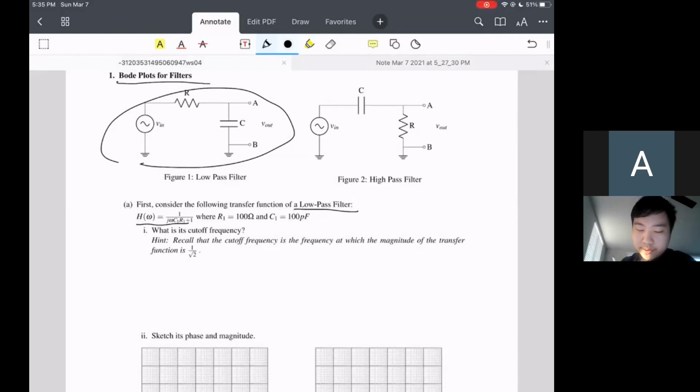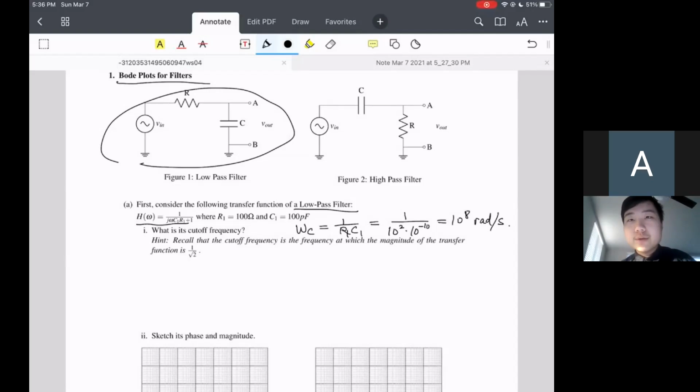So the cutoff frequency ω_c is equal to 1 over RC, which is equal to 1 over 10^2 times 10^-10, because 1 picofarad is equal to 10^-12 farads. That is then equal to 10^8 radians per second.